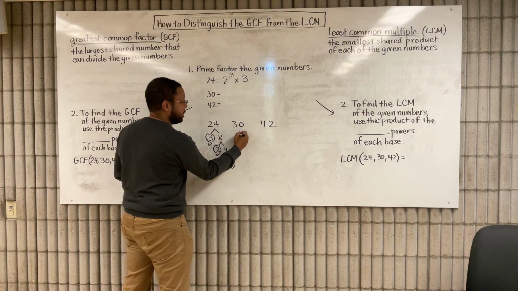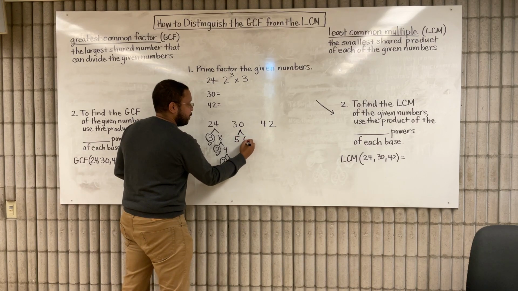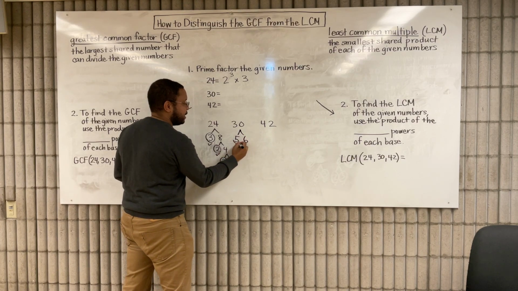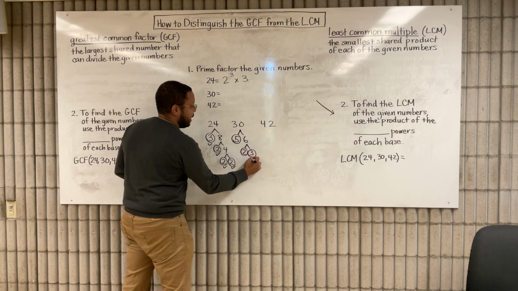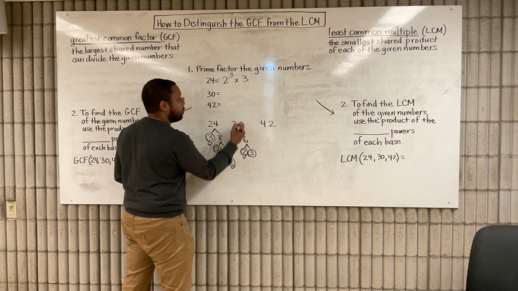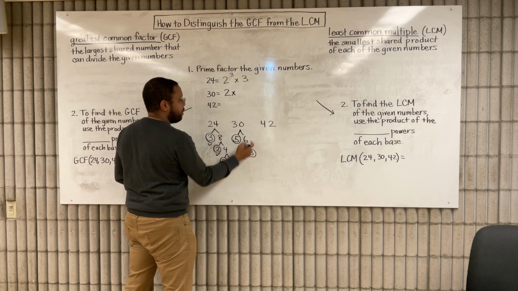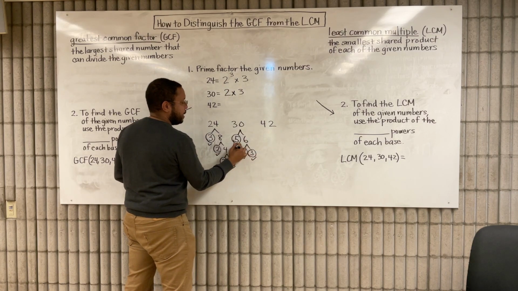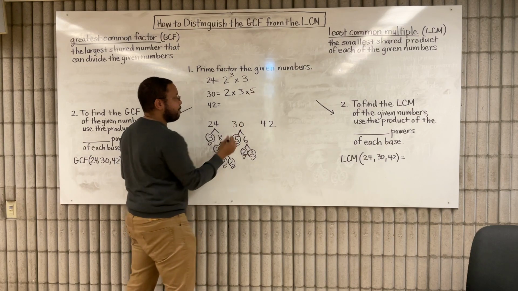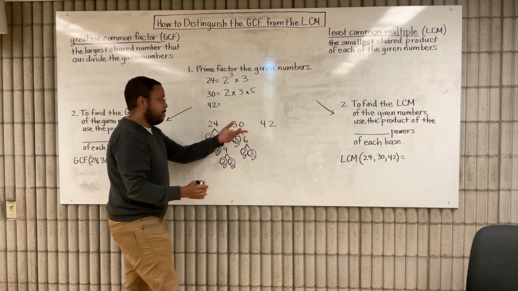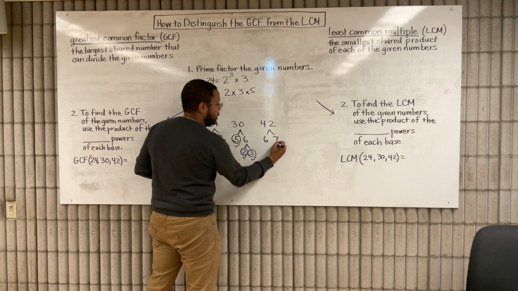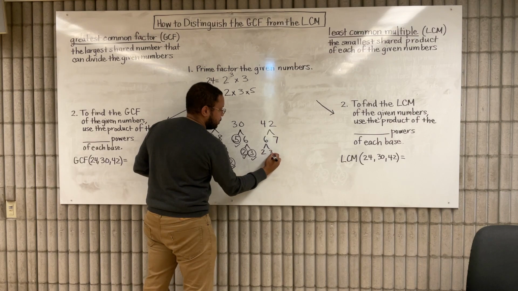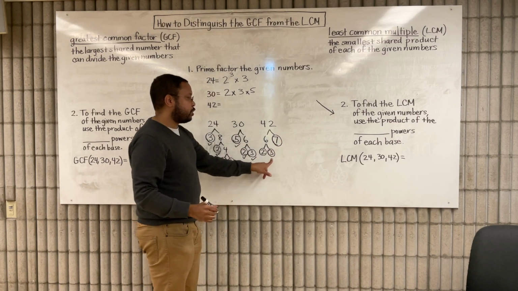30's prime factorization: 30 breaks down to 5 times 6. 5 is prime, 6 is not, so it breaks down to 2 times 3. I see 1 factor of 2, there aren't any other 2s, times 1 factor of 3, times 1 factor of 5. So that's the prime factorization of 30. And the prime factorization of 42 is going to be 2 times 3 times 7.